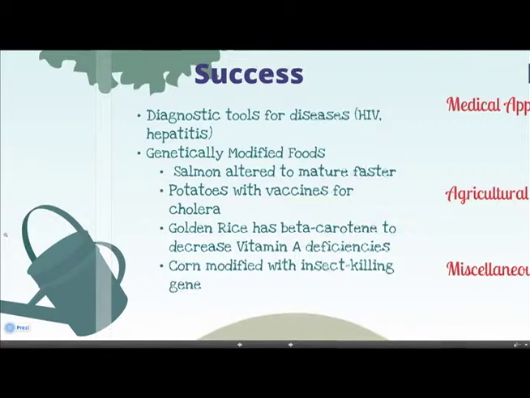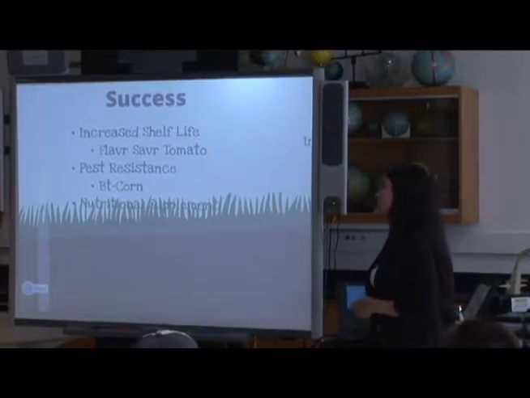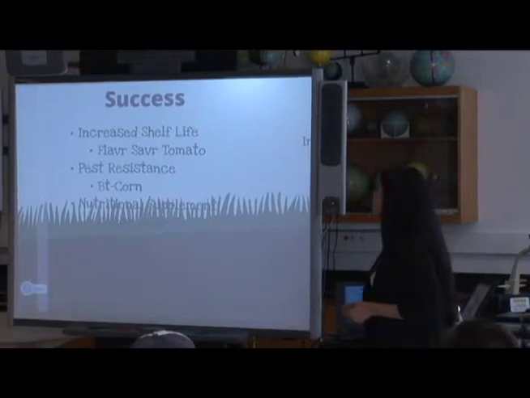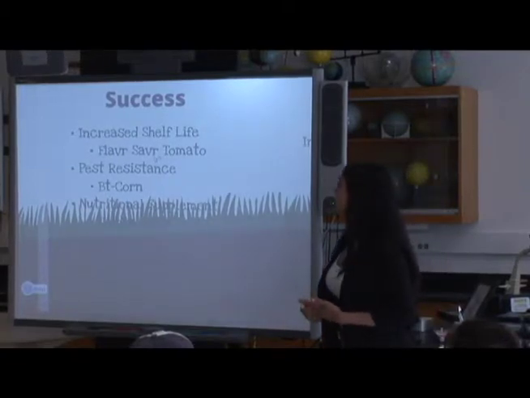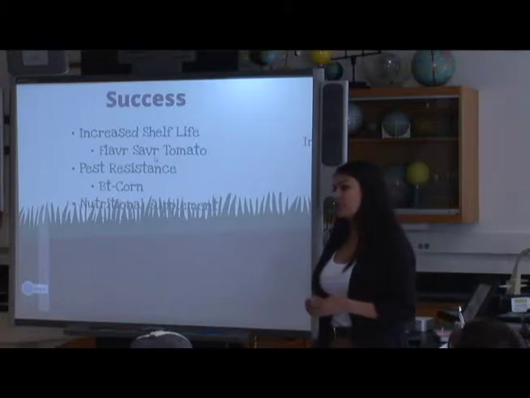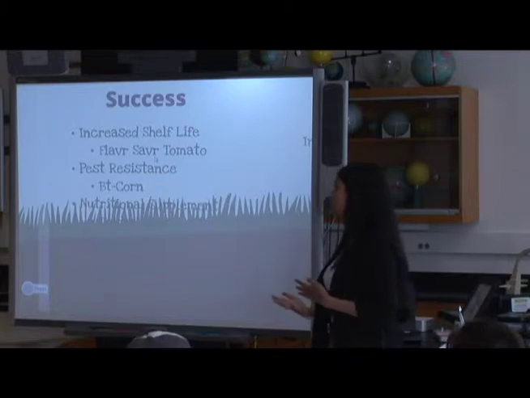The first genetically modified organism to ever hit the market was the flavor saver tomato. Scientists isolated a gene that made the tomato squishy, so they suppressed that gene, which increased the tomato's shelf life.